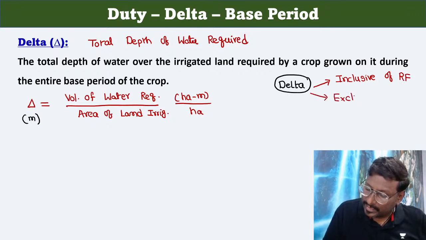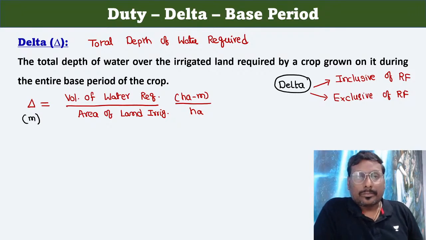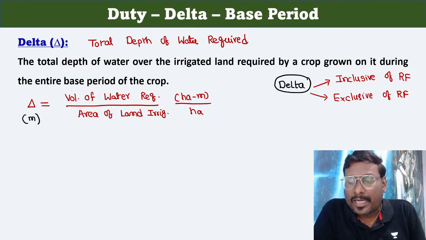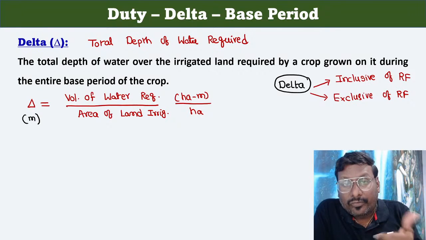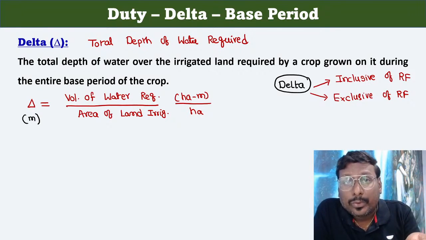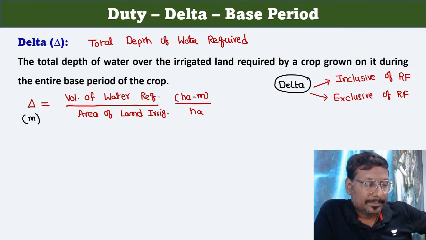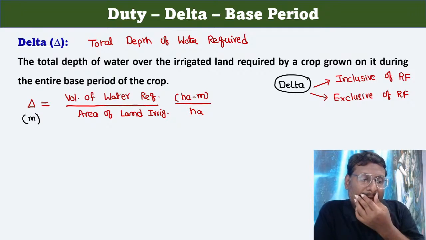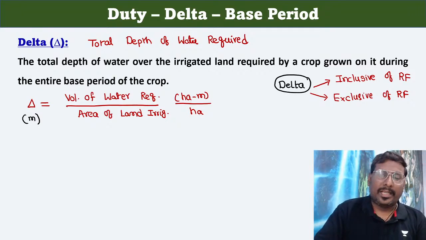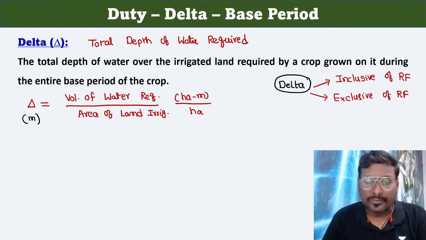If you have not at all considered the rainfall, it is delta exclusive of rainfall, with rainfall subtracted. All good. Chalo.